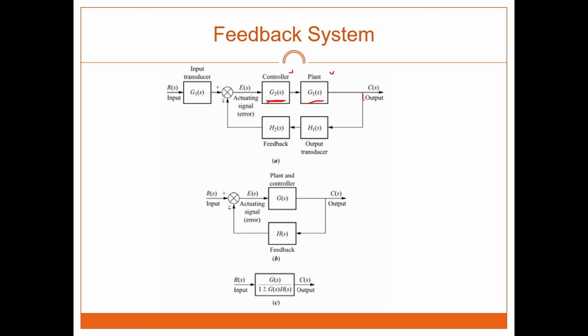But part of the output will become the feedback of this multiplier. So if you want to combine this one, now it becomes Hs, and combining this response becomes Gs, and Hs. So the feedback we always write as 1 plus GsHs here, because we have to consider the Gs, and the Gs will become the main system response, and this one is the feedback.